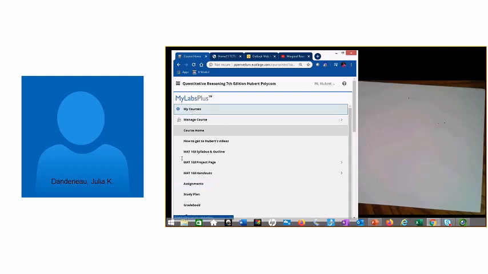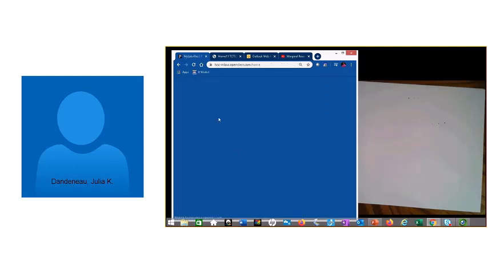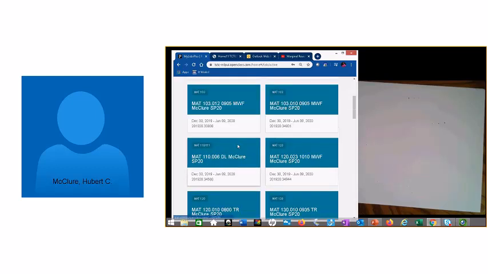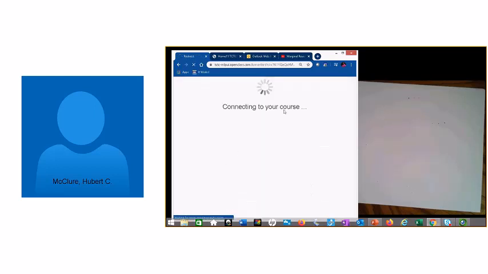Oh shoot, it's the wrong place. Assignments, it's logged me out. I hate when it does that. Well, ain't much you can do about it. There we go. And this is 3B. Yes. Should be 3B. Well, as soon as it pulls up.